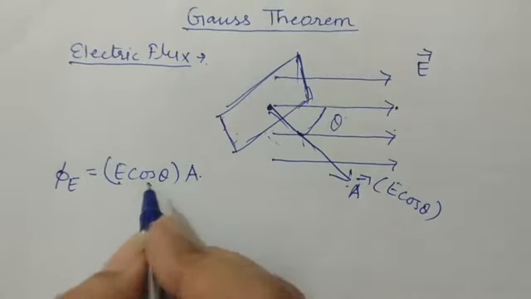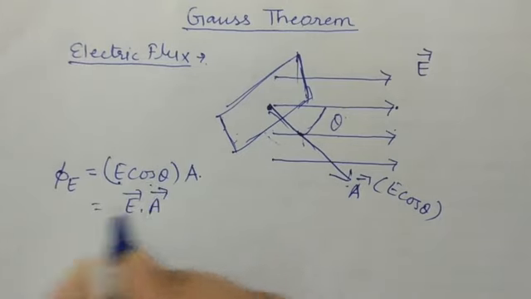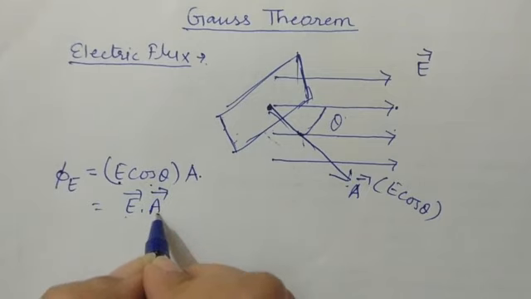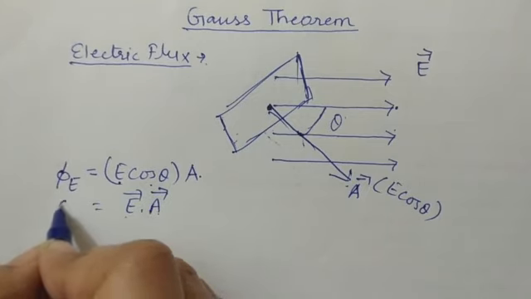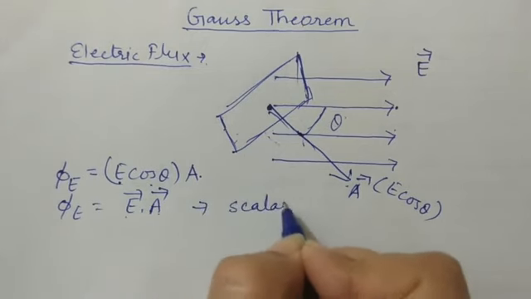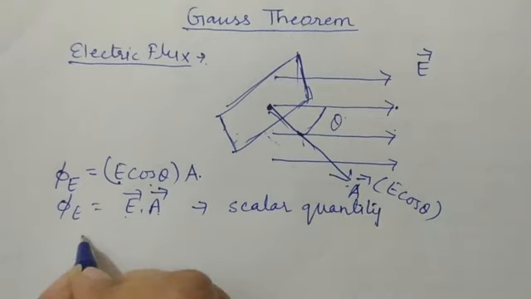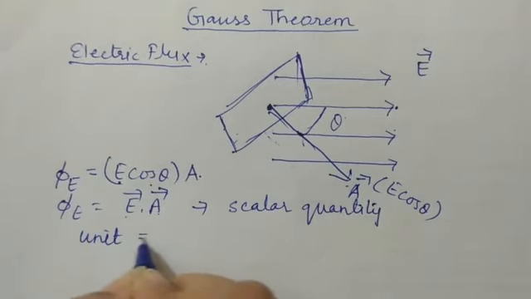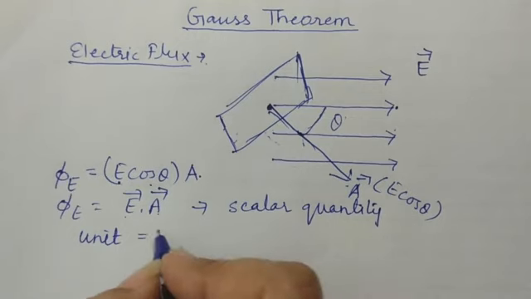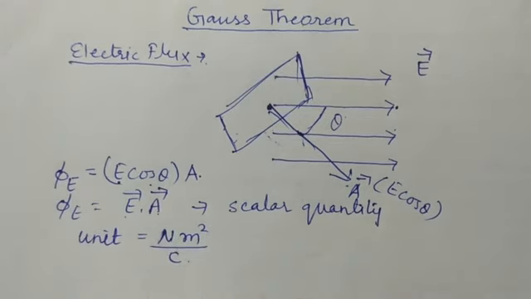So phi = E A cos theta, we can write it as E dot A, dot product. So the dot product of electric field and area is known as electric flux. So obviously electric flux is a scalar quantity, and its unit will be Newton meter square per coulomb.